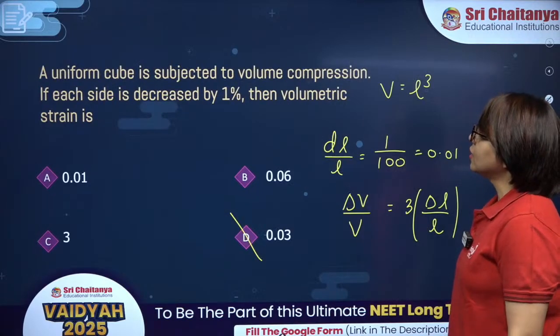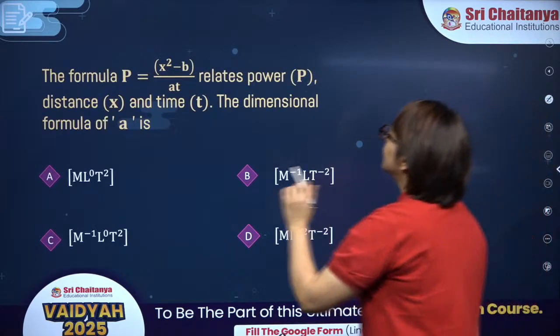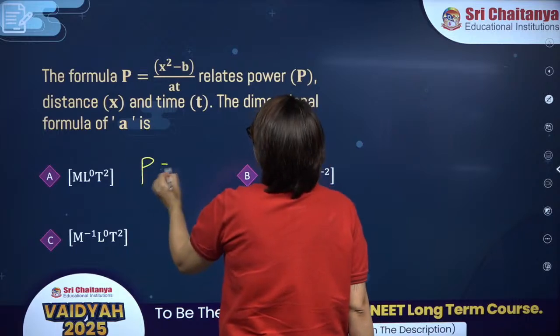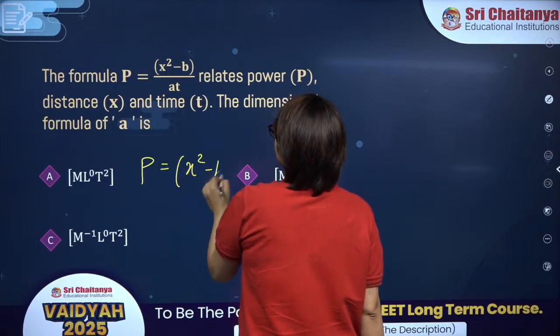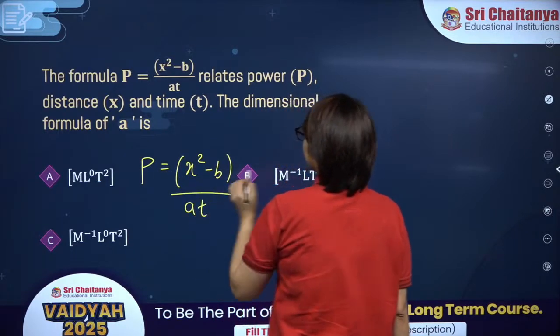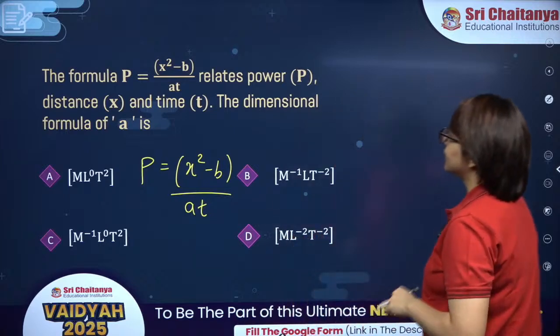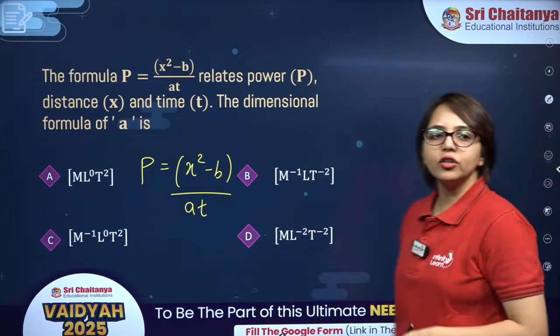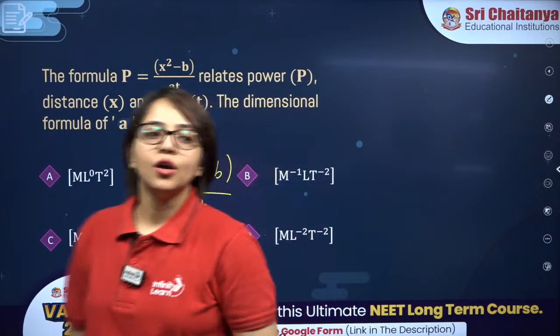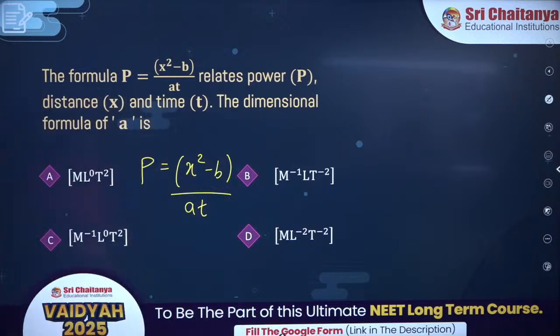Next is this one. The formula is power is equal to x square minus b divided by A t, where x is the distance, b is power and t is time. What is the dimensional formula of A?